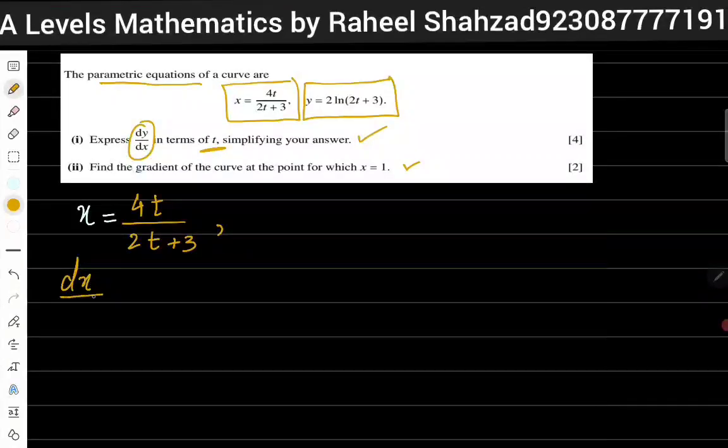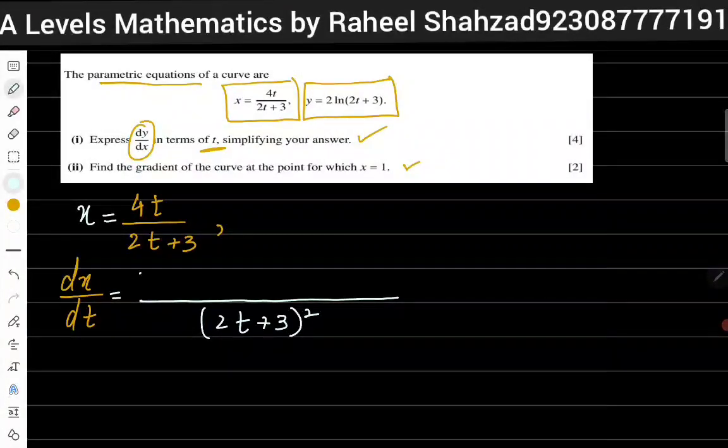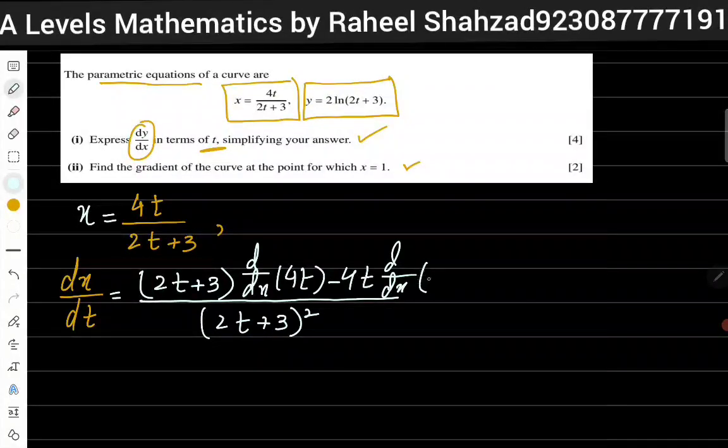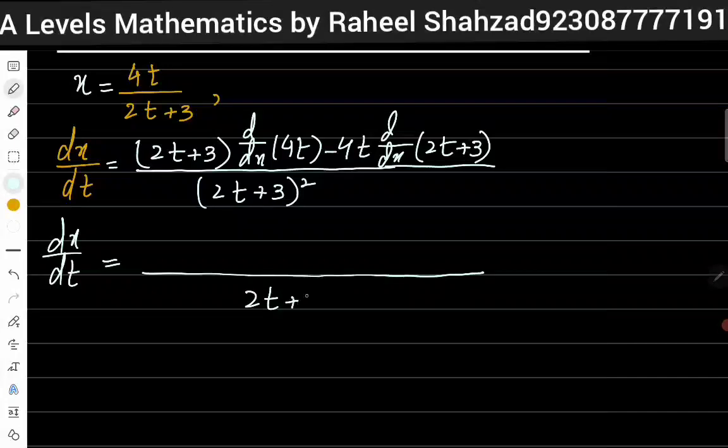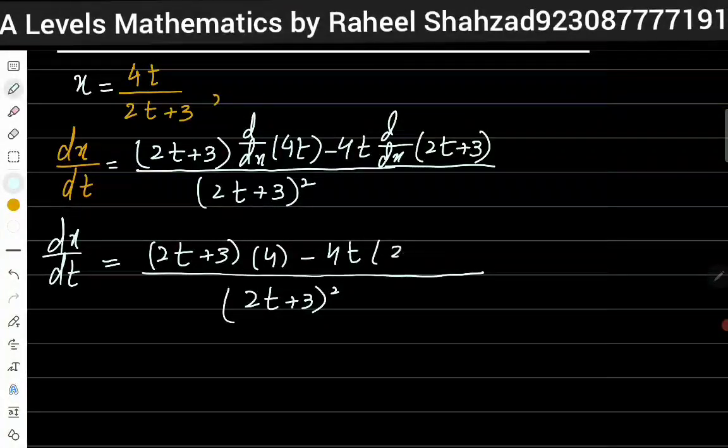So first of all, let's find dx by dt. It's the quotient rule, so that makes it 2t plus 3 whole square in the denominator, and in the numerator, 2t plus 3 as it is times the derivative of the numerator, minus the numerator as it is times the derivative of the denominator. So dx by dt is equal to 2t plus 3 times 4 minus 4t into 2, all over 2t plus 3 whole squared.